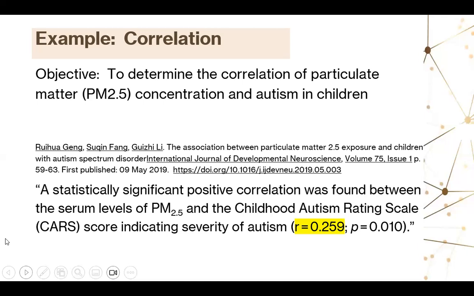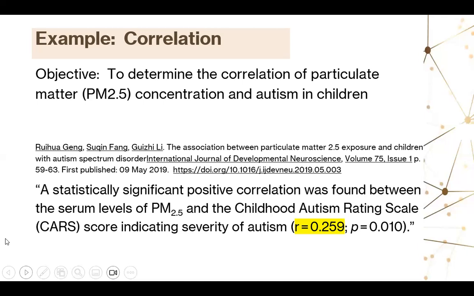So, for example, your objective is to determine the correlation of particulate matter PM2.5 concentration and autism in children. I was surprised to easily find this study by Ruiyua et al. that looked at the association between particulate matter 2.5 exposure and children with autism spectrum disorder.